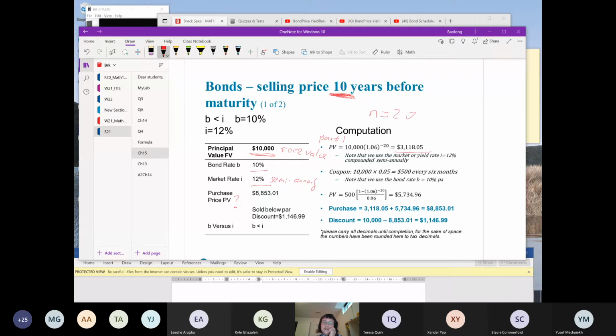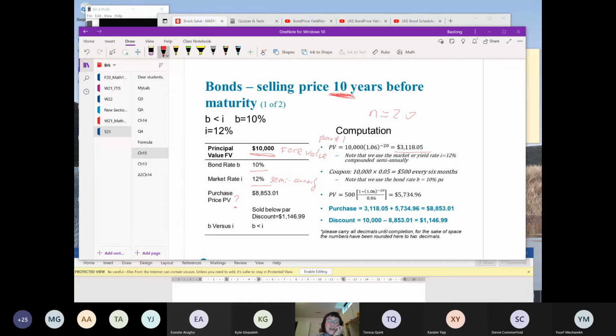Okay. Now the coupon rate is 10%. It didn't say compounded annually, so usually you receive the payment every 6 months.